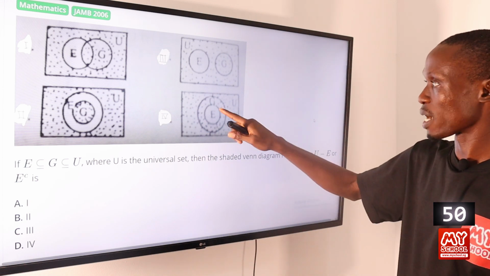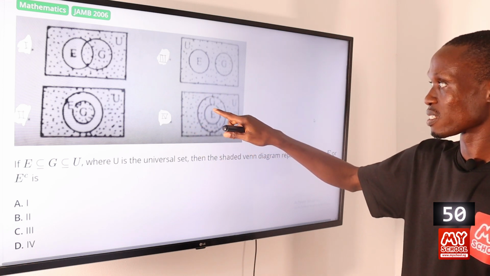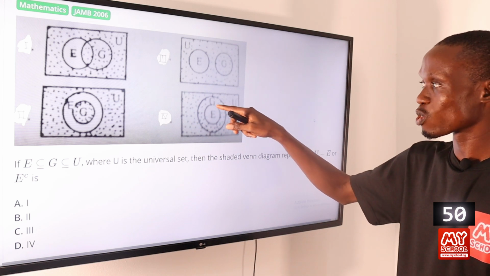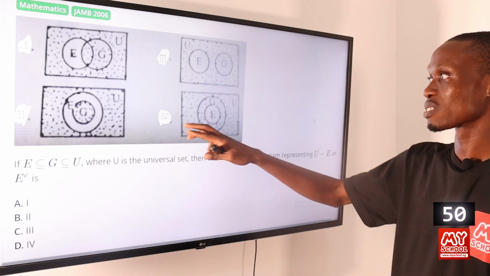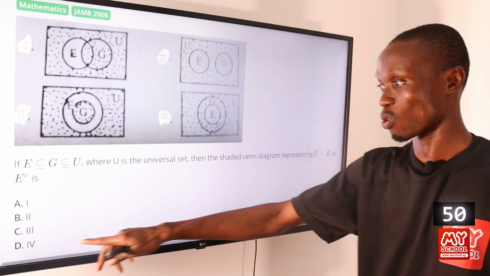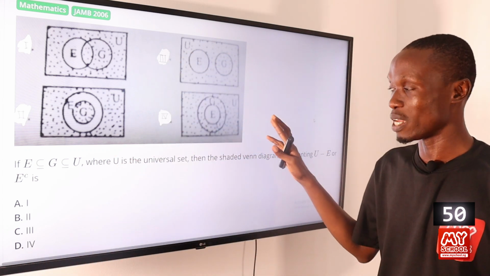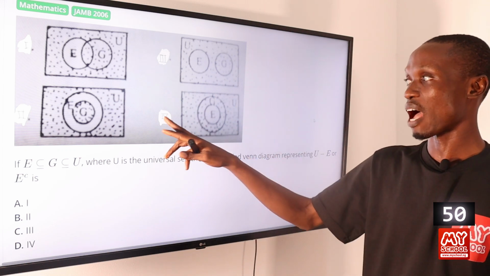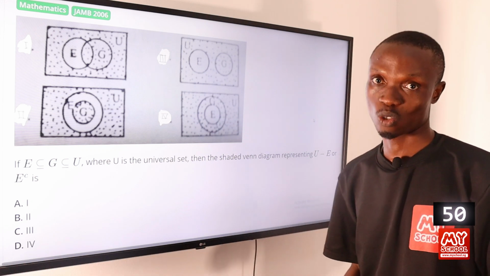If you look at the E in this particular figure, you discover that the E is not dotted. The E is not dotted because it is showing the complement. Why do the rest not represent E complement? The only figure here that represents E complement is IV. So that makes option D the correct answer to this question.